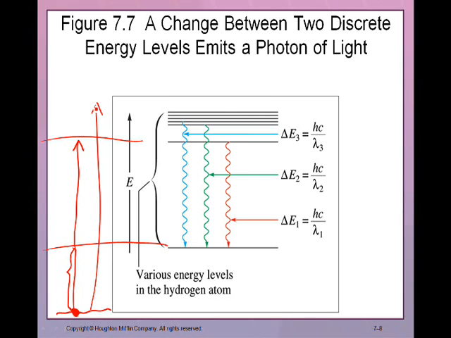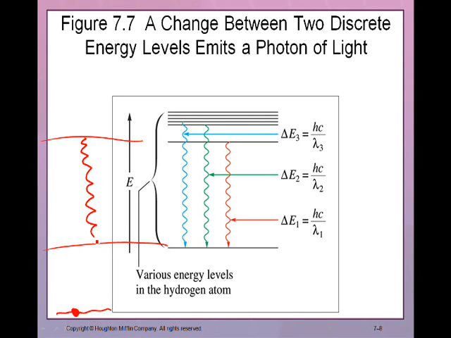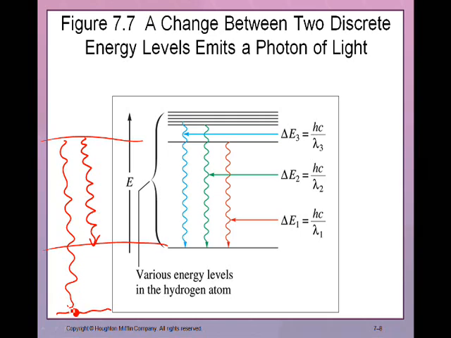Now when these electrons fall, as you know, if you have a big sample of hydrogen, there's going to be some of them falling, and as they fall, if they fall this distance, they're going to release a different wavelength of energy than if they fall this distance, clear down to the first energy level.